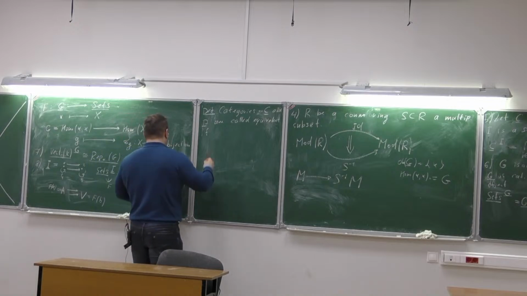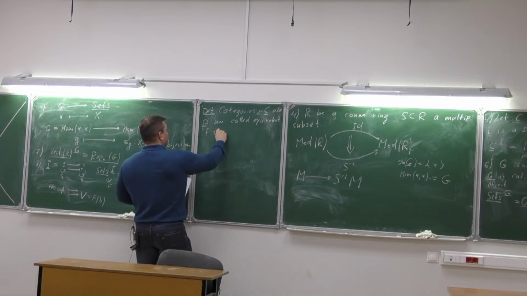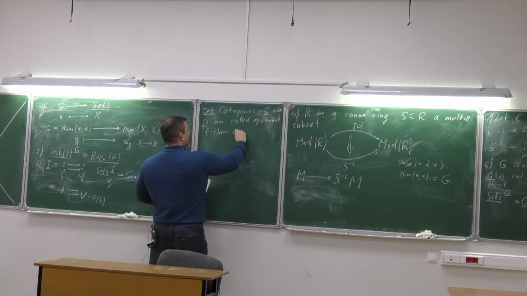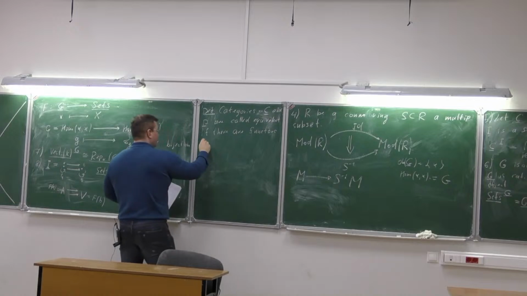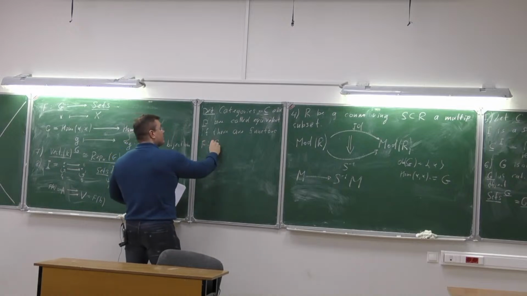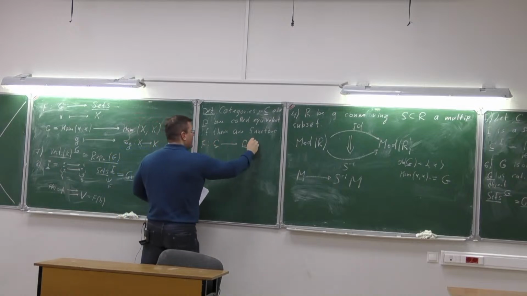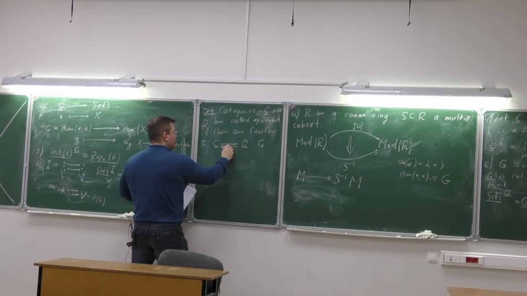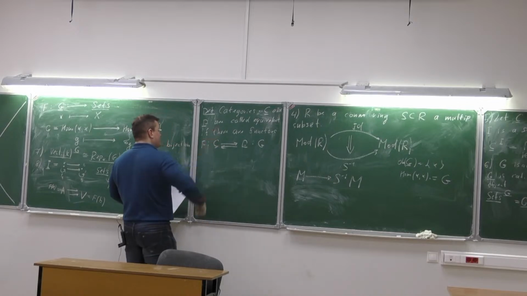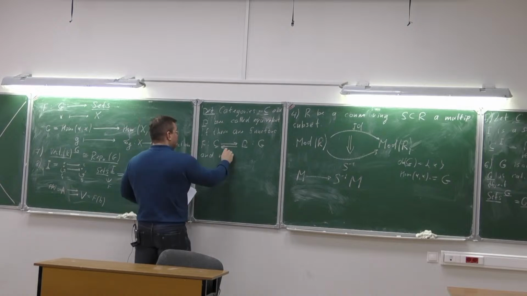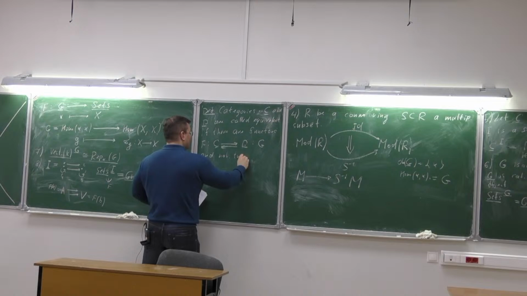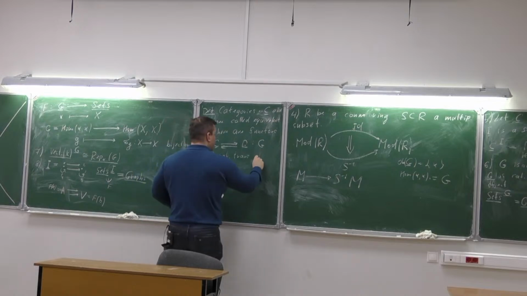So they are equivalent if there are functors, again, I'm going to write this on the same diagram, F from C to D and G going in the other direction. But now, additionally with these two functors, I have two natural transformations, and I'm going to call them alpha and beta.